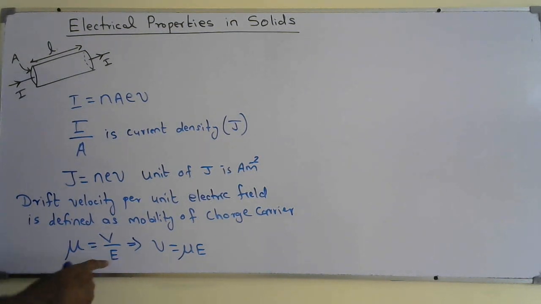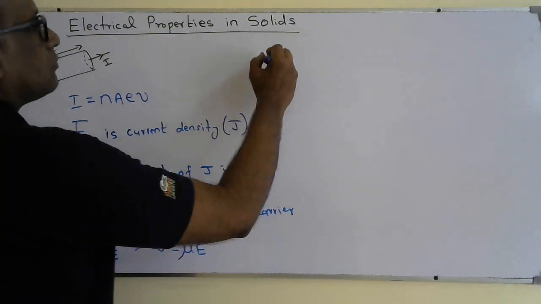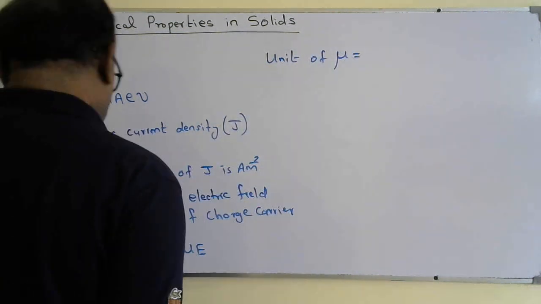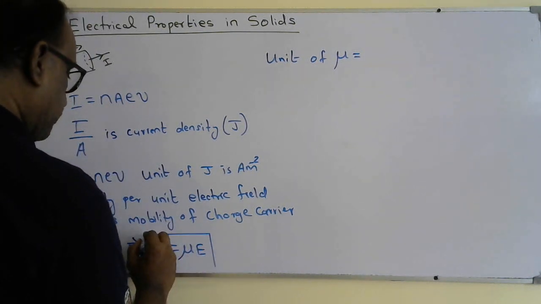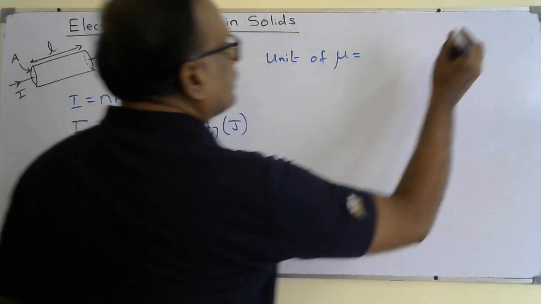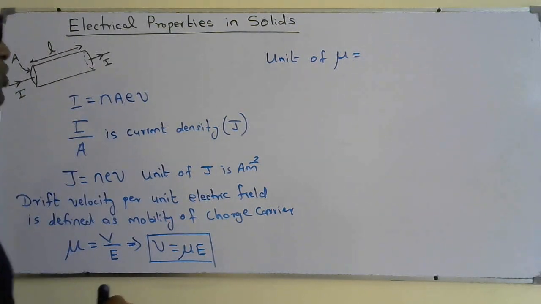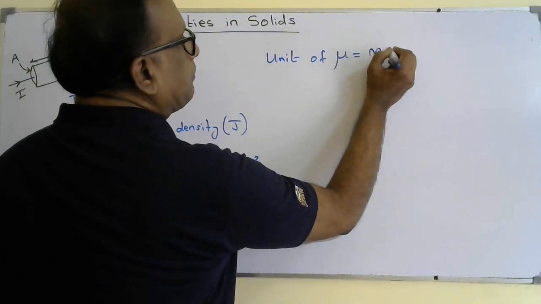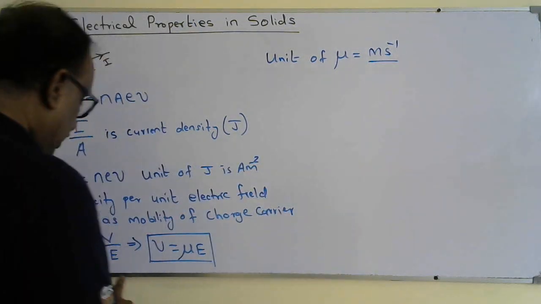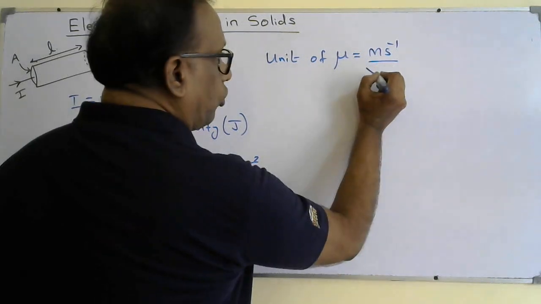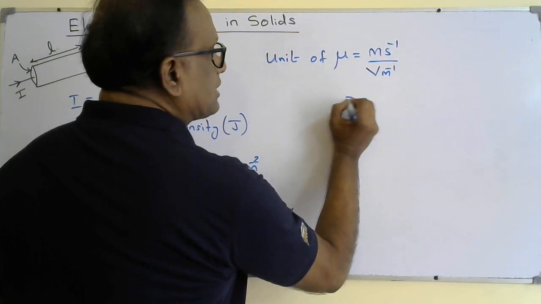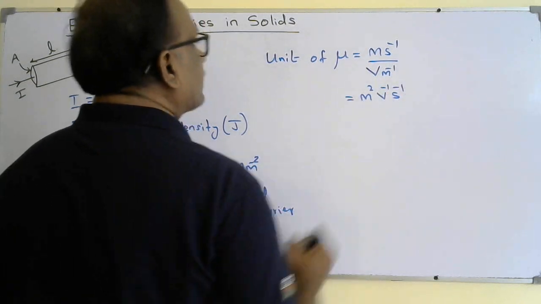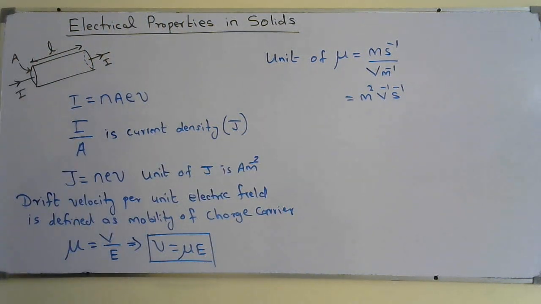So the unit of mu is equal to the unit of drift velocity, which is meter per second, divided by the unit of electric field strength, that is volt per meter. So it's going to be meter squared per volt per second. So that's the unit of mobility.